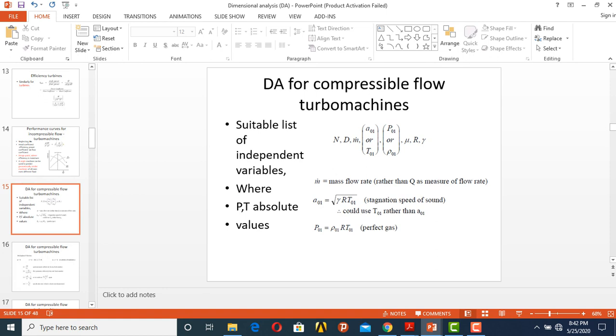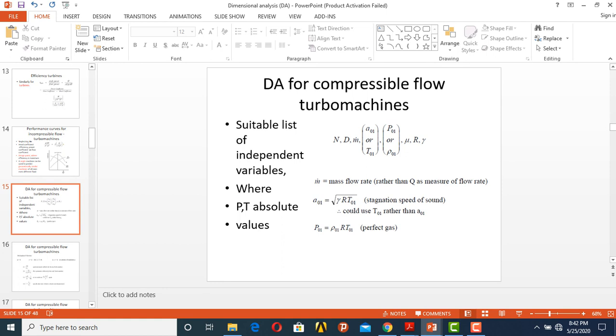So we just analyzed the dimensional analysis for incompressible flow, but also for compressible flow. That is the flow which has a Mach number above 0.3.